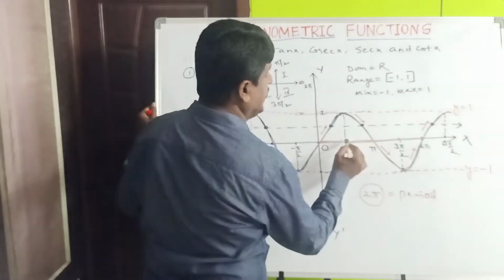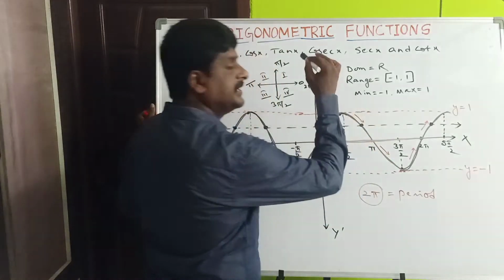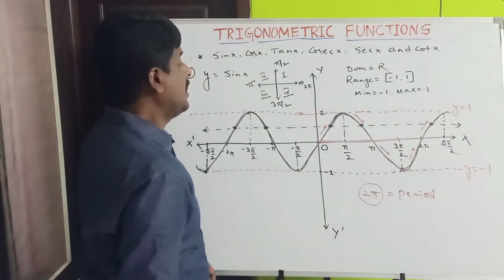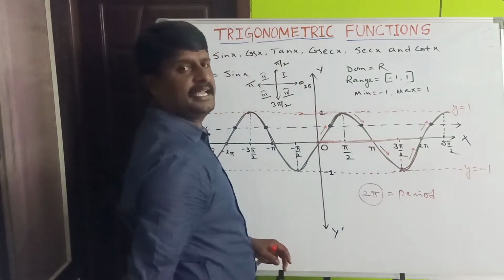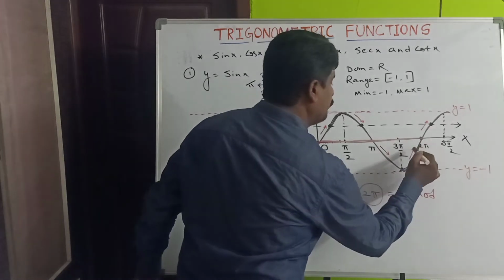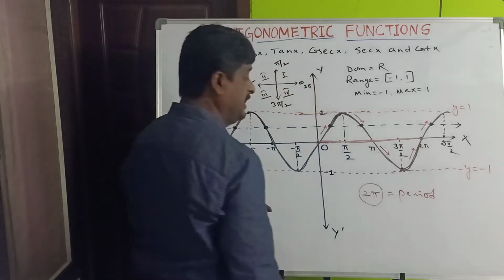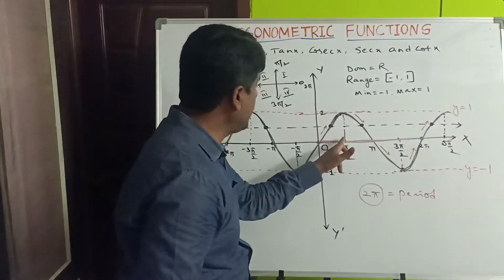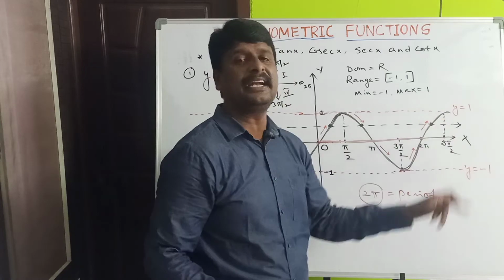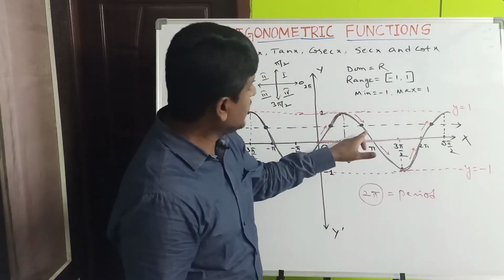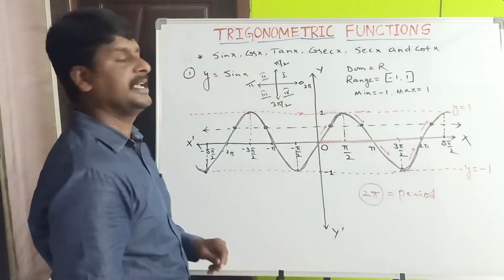In the second quadrant, pi by 2 to pi, sin x is always decreasing. Pi to 3 pi by 2 also sin x is decreasing. 3 pi by 2 to 2 pi, sin x is increasing. So in the first quadrant increasing, in the fourth quadrant increasing, in the second quadrant decreasing, third quadrant also decreasing.